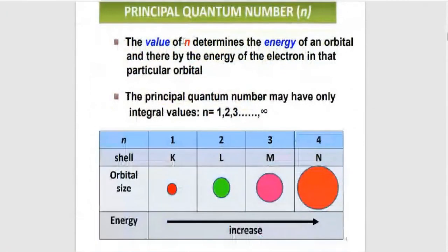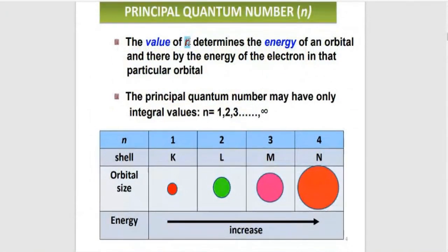So N, what is the meaning of N? Normally it refers to the energy level. At the same time, it determines the size of the orbital. When the N value increases, the orbital gets bigger. For example, when N equal to 1, this is spherical. Spherical is S shape, so 1S, 2S, 3S, 4S. The shells K, L, M, N you can ignore, this is not for your syllabus.